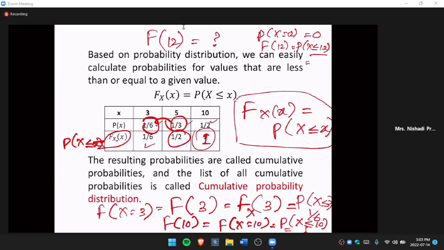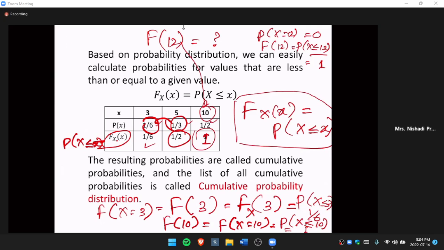Or without adding those probabilities, you can just write number 1. When the value of x, 12, exceeds its maximum value 10, the cumulative probability is going to be 1. Understand?